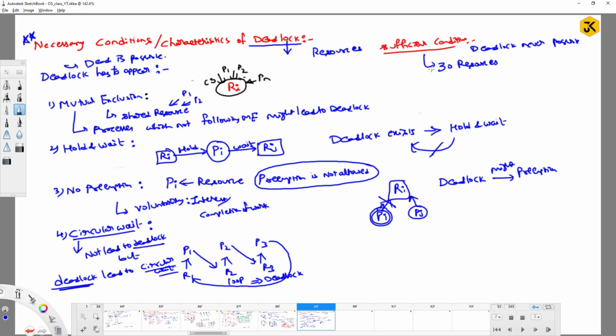Sufficient condition means the minimum resources that are sufficient for us to overcome the deadlock problem. If this condition is satisfied, then definitely there won't be any kind of deadlock. That is the general meaning of sufficient condition, right?